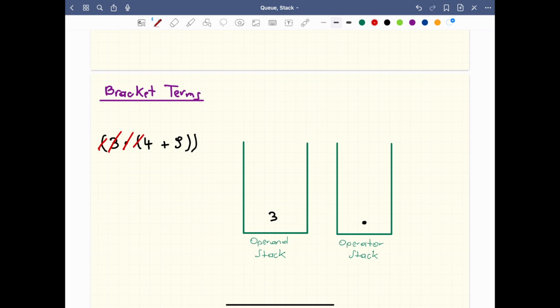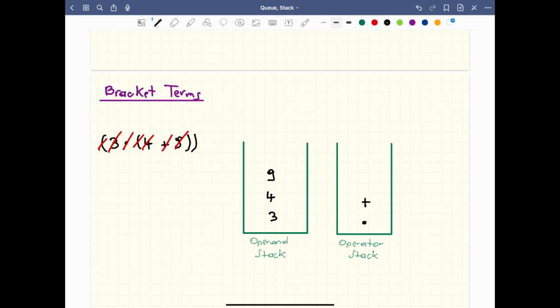Let's ignore it. We have another number. It's the number 4. We push it to the operand stack. Be aware to put it at the top of the 3, because the 4 is now the top of our stack. Then the next thing that we see is the plus sign here. So let's put it to the operator stack, and another 9 that we put to our operand stack here.